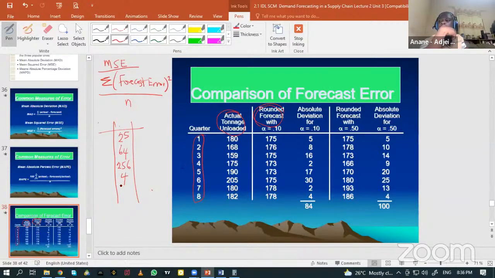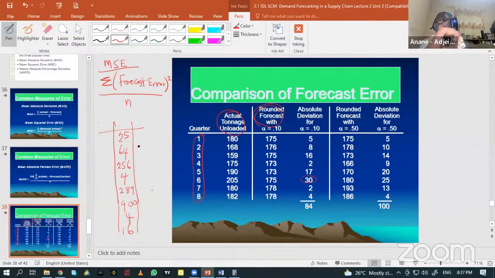Then 17 square, 289. I'm not using my calculator, so if you get it wrong, we all get it wrong. All right. So 30 square, 900. Then we have 4. Then we have 16. So 2 square, 4 square.